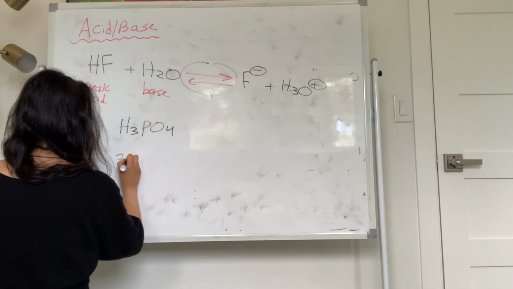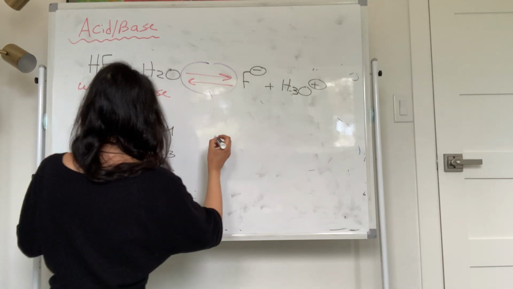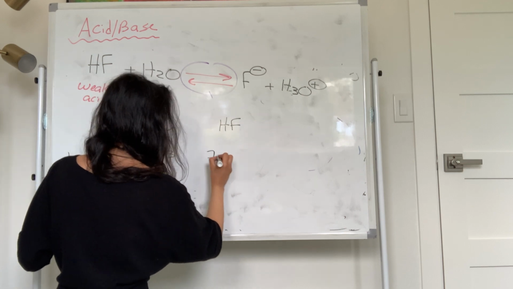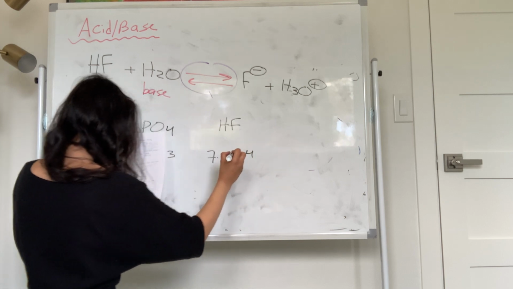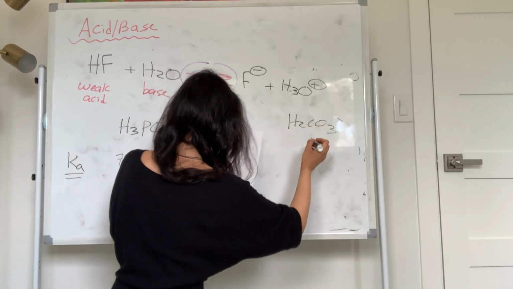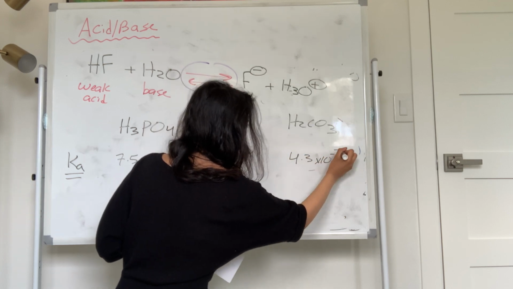H3PO4 has a Ka of 7.5 times 10 to the minus 3. Hydrofluoric acid has a Ka of 7.2 times 10 to the minus 4. And carbonic acid, or soda, has a Ka of 4.3 times 10 to the minus 7.